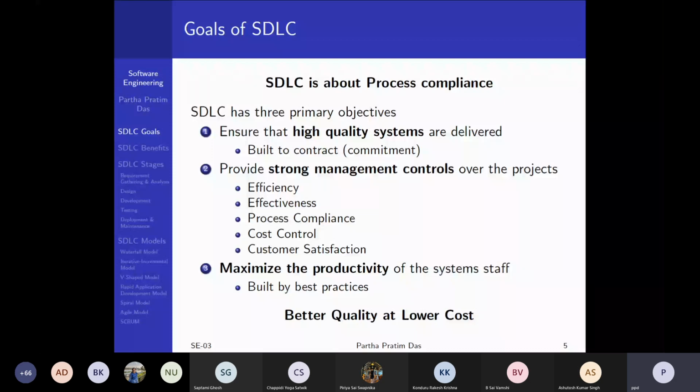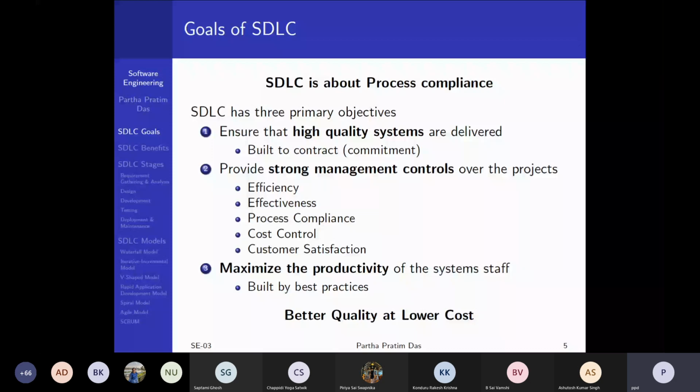So this will fall if the productivity of that person is less. If the person makes more and more errors and more rework has to happen because of that, you lose time, you lose deadlines, you lose money overall. So this maximization of productivity can be built by best practices, that you follow the best practices so that the possibility of making errors becomes less. That is what we have been talking about in the earlier module when we talked about object-oriented design and all that.